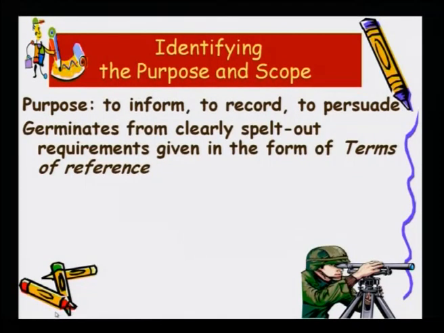Now, let us look at each of these items in detail, and these items have their own minor topics which also need to be elaborated. First, identifying the purpose and scope of a report. Once again, let us go back to the purpose of any report: it is to inform, to record and to persuade. You collect some evidence and present it in such a manner that you are informing your readers, your audience, about the information you have collected.